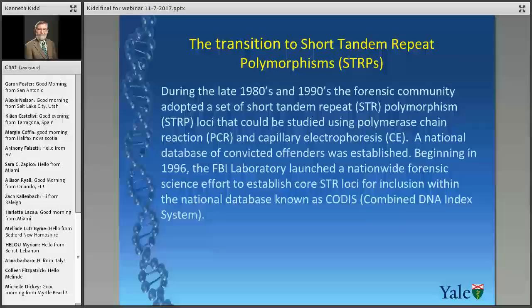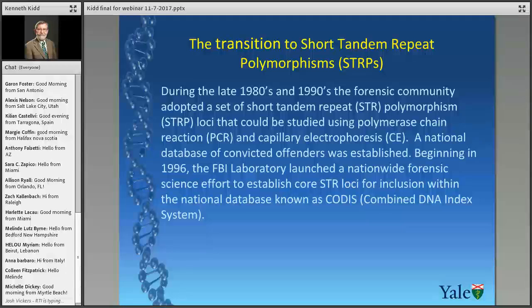During the 80s and 90s, there was a transition from those RFLPs into the use of short tandem repeat polymorphisms.